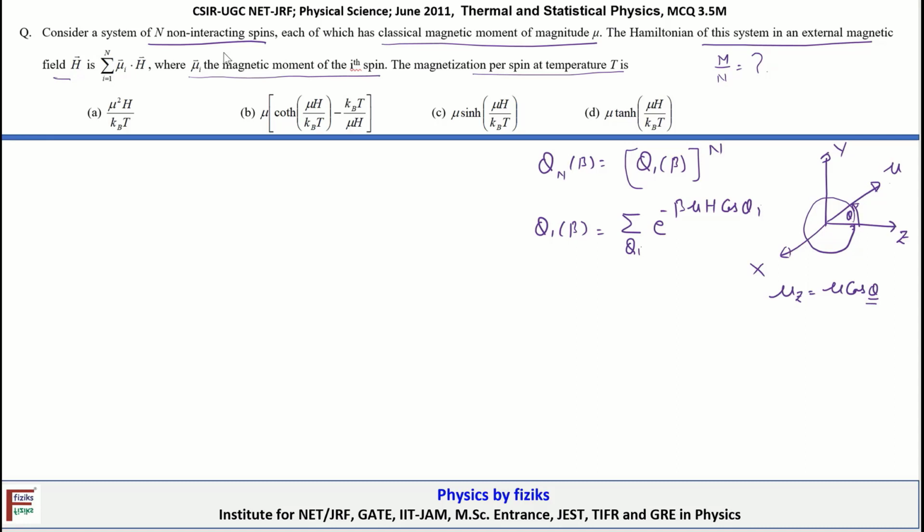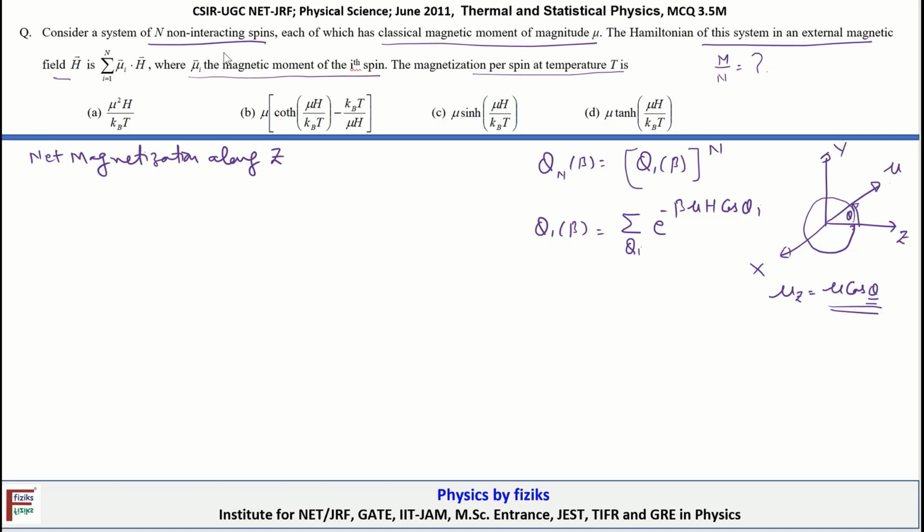Before that, the net magnetization along the z direction is given by the following. Because mu_z equal to mu cos theta represents the z component of the magnetic moment of one single dipole having angle theta with respect to z.